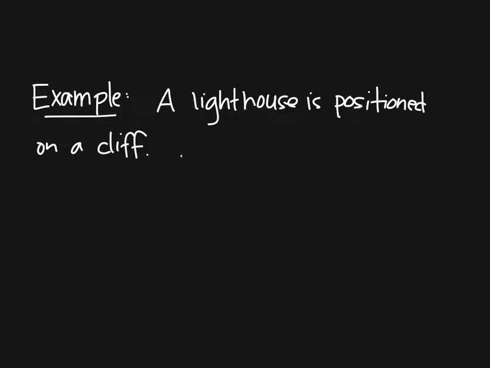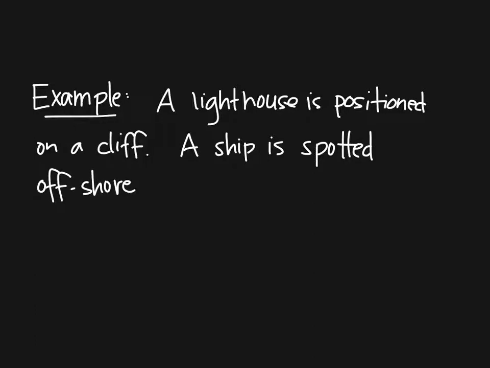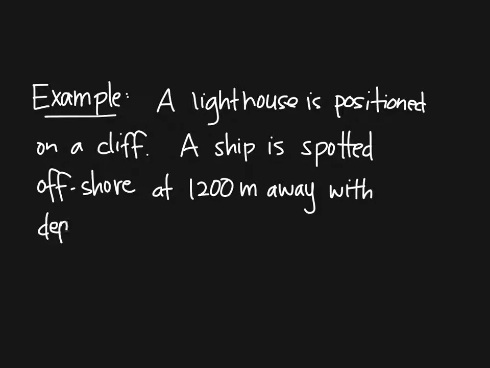A ship is spotted offshore, at 1,200 meters away, with a depression angle of 6 degrees. How tall is the cliff?